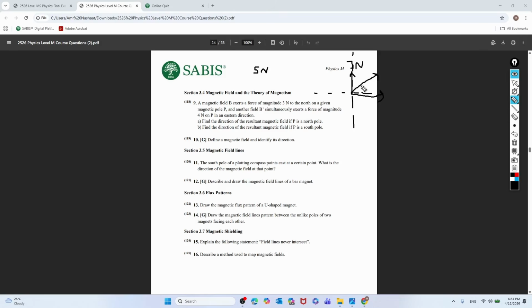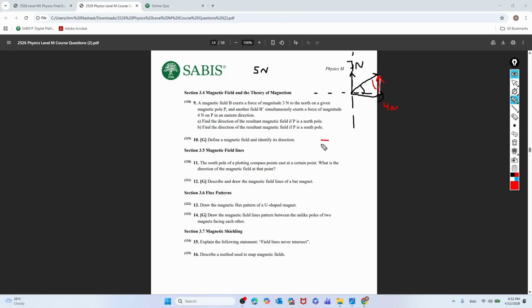To find the angle or the direction here, you do shift tan of opposite over adjacent. So 3, and this would be the 4 newtons. So shift tan of 3 over 4.